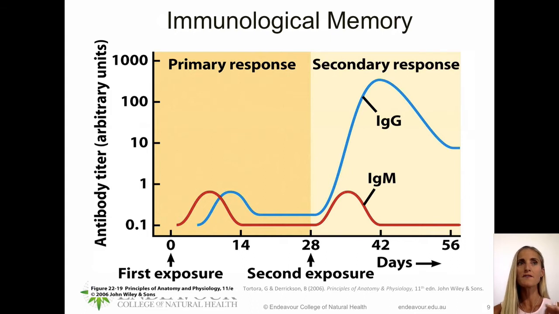If the IgM is positive, it says that there's a current or very recent infection. If the IgG is positive, it means that the person has had Epstein-Barr virus at some stage in the past. And if the IgG is negative, it means that they've never been exposed to that antigen before.